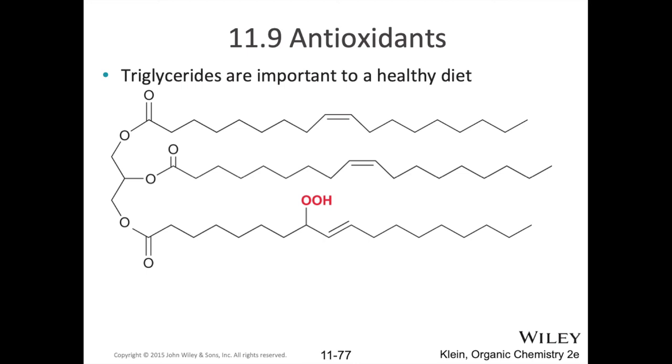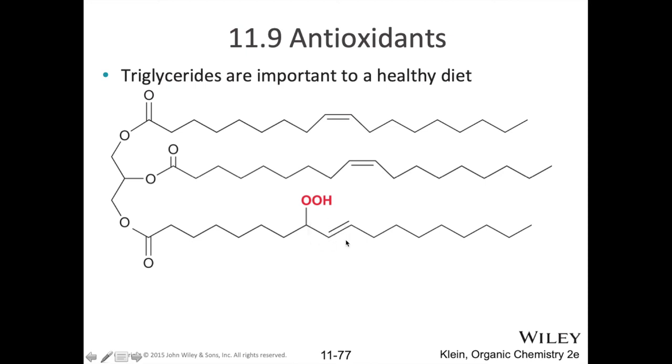But let's say you have butter, okay, which has a lot of these triglycerides in there. But let's say especially you have butter with a lot of unsaturated fats in it. Now, unsaturated fats are those that have an unsaturated carbon chain, which means there's a double bond in there, right? That's where the unsaturated part of the name comes in.